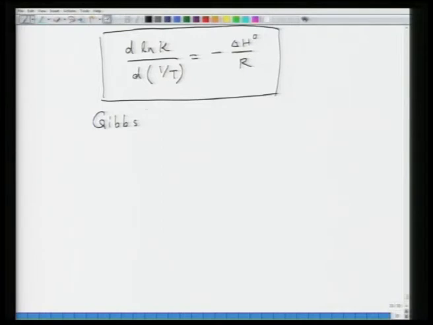This is basically a very important outcome of the Gibbs-Duhem equation.